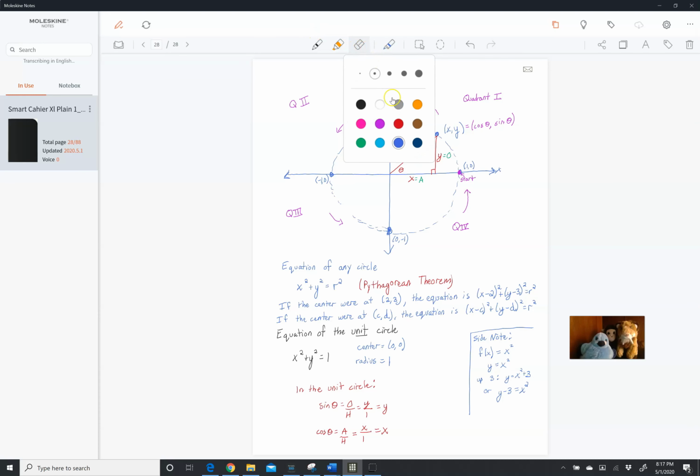When we start, how many degrees have we traveled? We've traveled 0 degrees. Now we keep walking around the circle. When we get to here, how many degrees have we traveled? We've traveled 90 degrees up here. Now we're going to keep walking. When we keep walking around here, how many degrees have we traveled? 180 degrees.